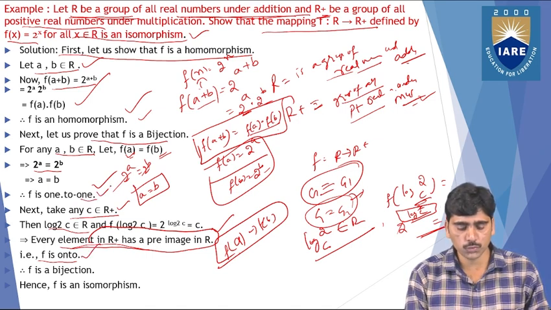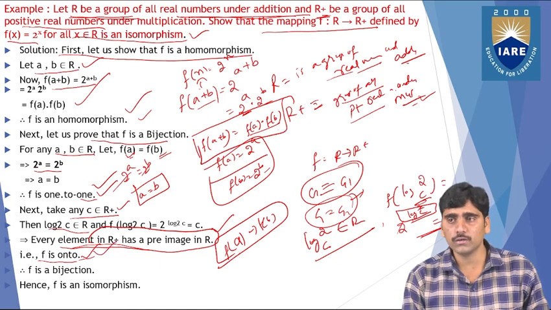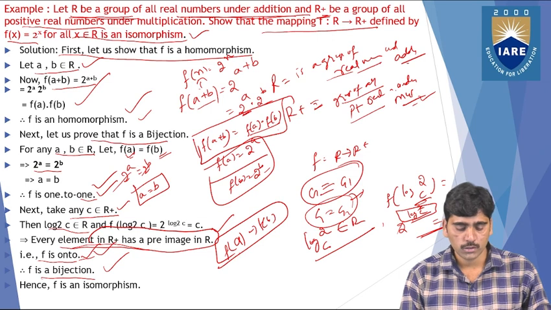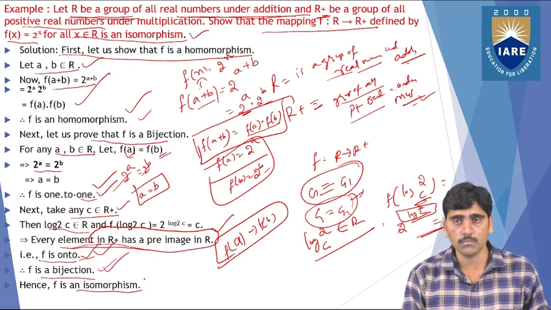If f is 1 to 1 and f is onto, then you can say that f is a bijection. So f is a bijection of the homomorphism, and hence f is an isomorphism.